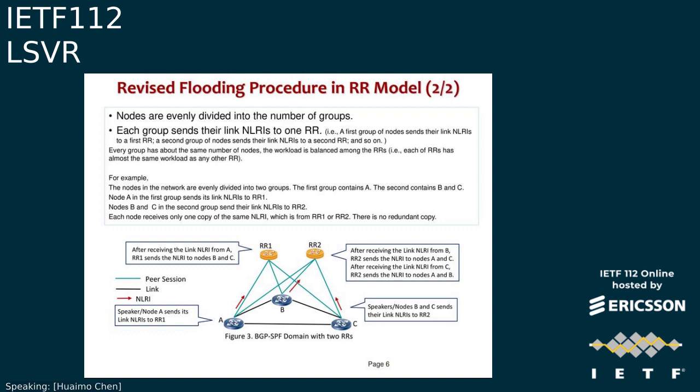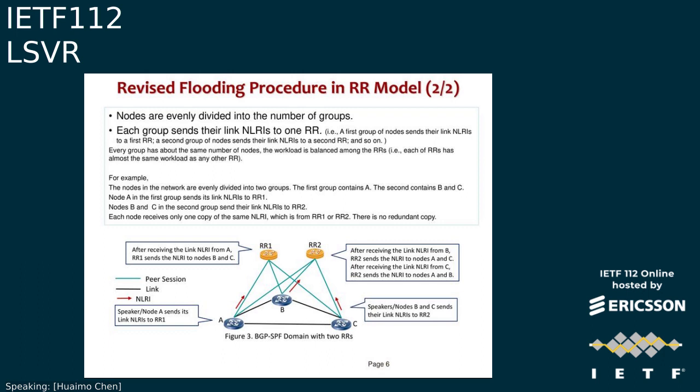This is another option for the revised flooding procedure in the RR model. In this option, we divide all the nodes evenly into a number of groups, and each group will send its link states to only one route reflector.